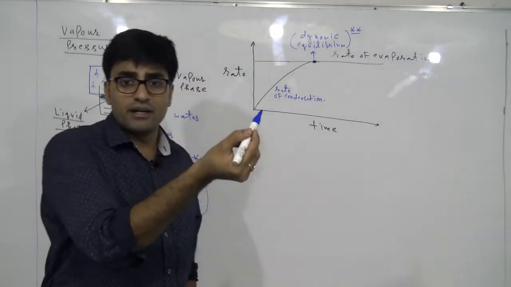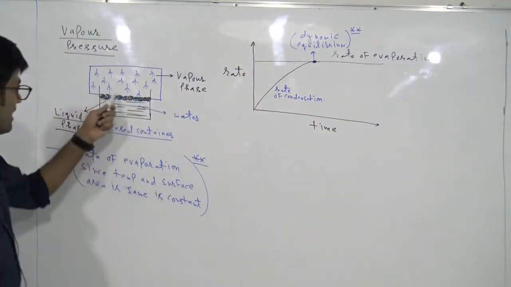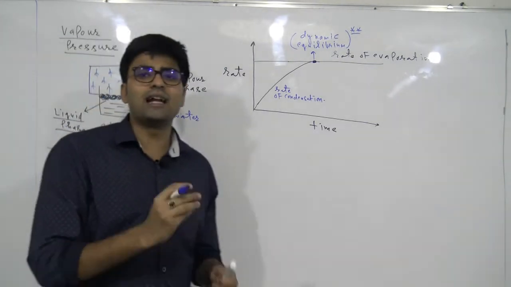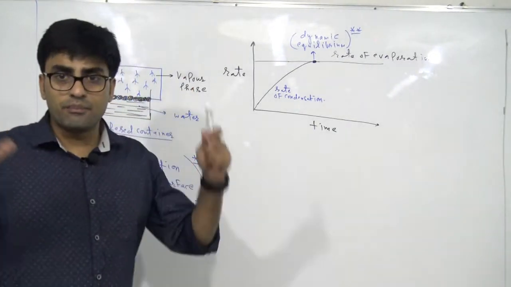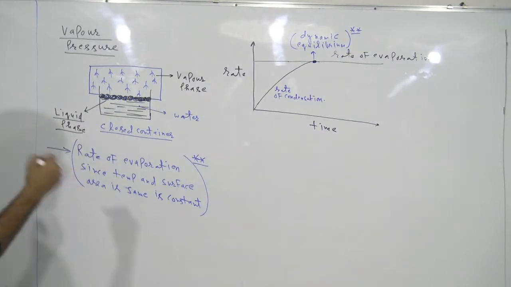They will come on the liquid surface and exert a pressure, and that pressure is called vapor pressure. So if I want to define vapor pressure properly, how will I define it?